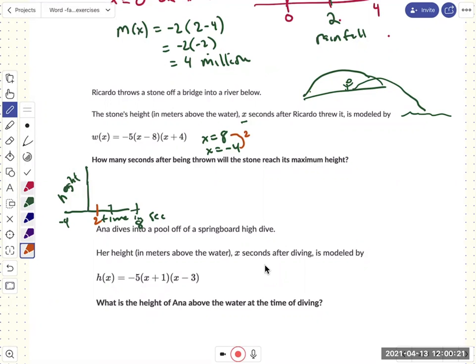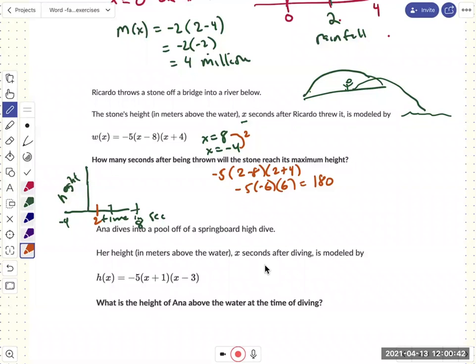And you say, well, okay, let's just look at that. So we'll say -5 times 2 minus 8, 2 plus 4. So -5 times -6 times 6 equals, well, it looks like 180, right? So it would be 180. All right.